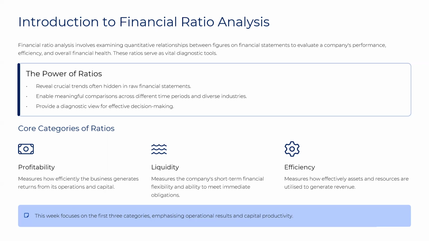So we have categories of ratio. We have the profitability, the liquidity, the efficiency, the solvency, and also investors ratio. We'll be looking at the other ratio categories next week. But in today's class, we'll just focus on these three categories: profitability, liquidity, and efficiency.